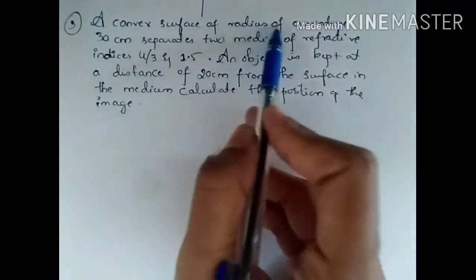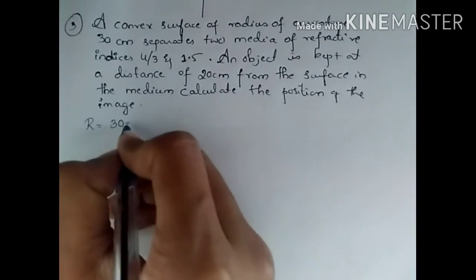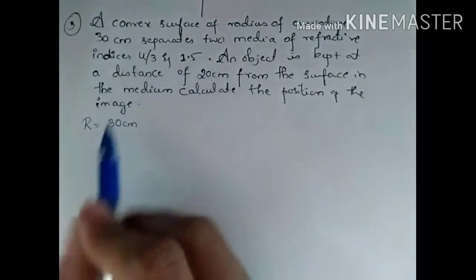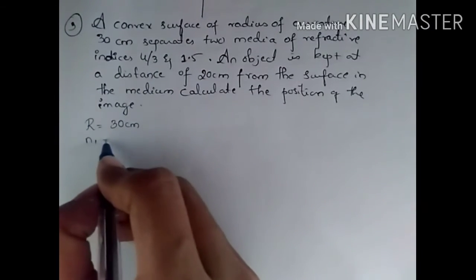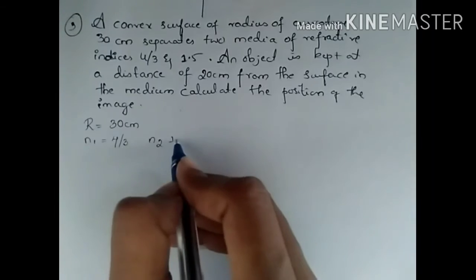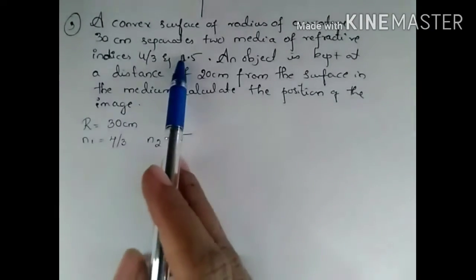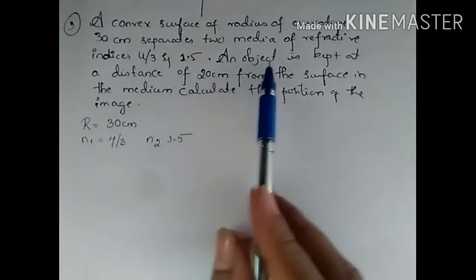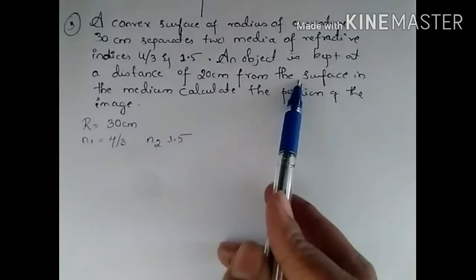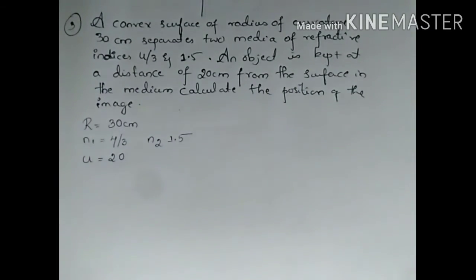The convex surface of radius of curvature R is 30 cm and it separates two media of refractive indices n1 is 4/3, n2 is 1.5. An object is kept at a distance of 20 cm from the surface, so u is 20 cm.